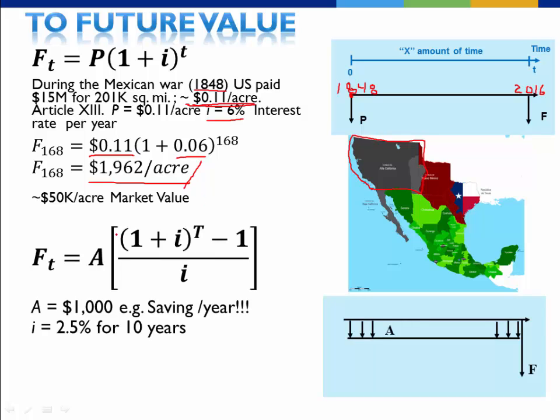Now let's actually think that you, as a very wise and cautious student, are saving about $1,000 every year during 10 years, since you start your bachelor's all the way until you finish your PhD.